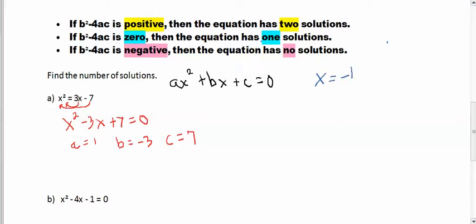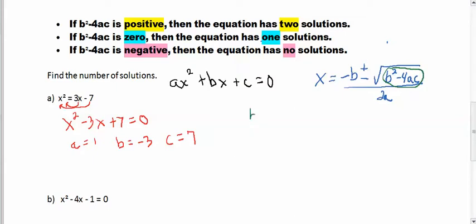It's negative b plus or minus the square root of b squared minus 4 times a times c, all over 2a. But in order to do this problem, all we're worried about is what's inside of the square root, what's inside of the house right here. So we are just going to use that. That's all the math we have to do.